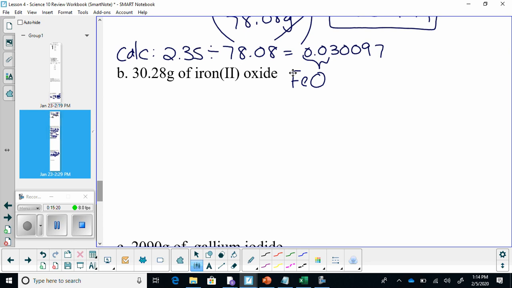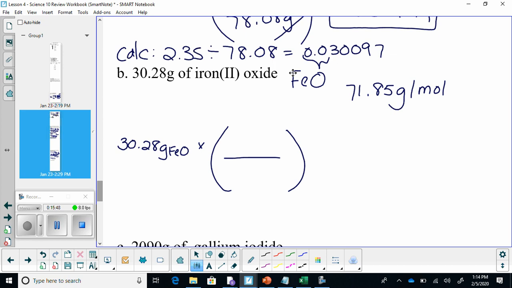The molar mass is going to be 71.85 grams per mole. What number do I start with? 30.28 or my molar mass? 30.28. So I start with that, 30.28 grams of iron 2 oxide.